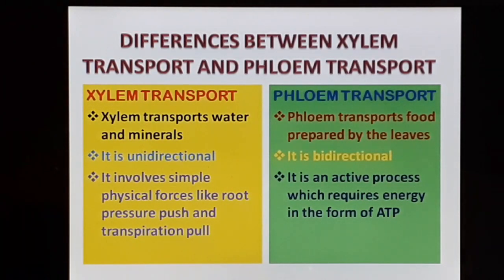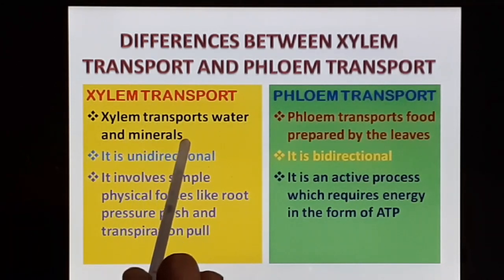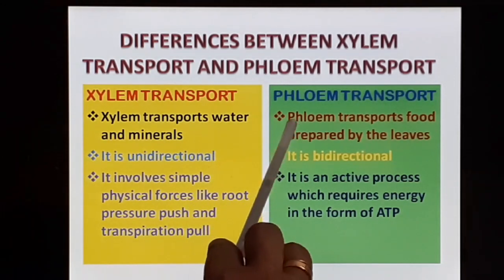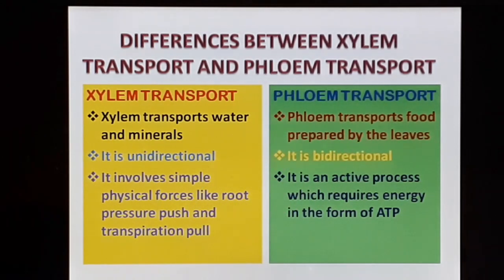Now let's study the differences between xylem transport and phloem transport. Xylem transport mainly involves water and minerals from the roots to the leaves. But phloem transports food prepared by the leaves to different parts of the plant body. Since xylem transport is always from root to leaf, it is unidirectional, only in one direction.